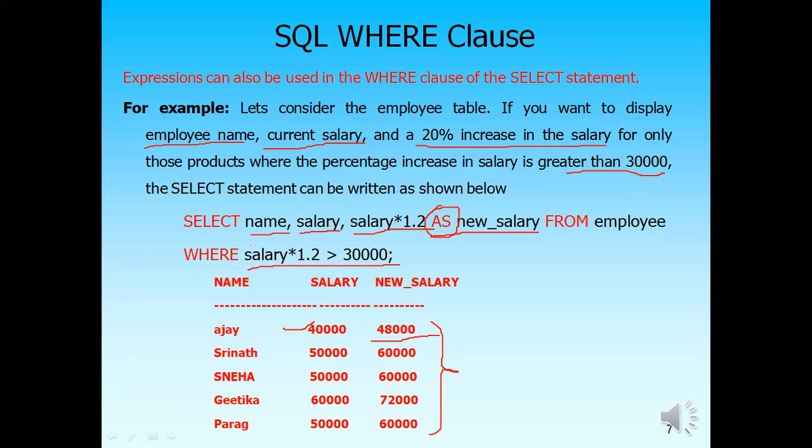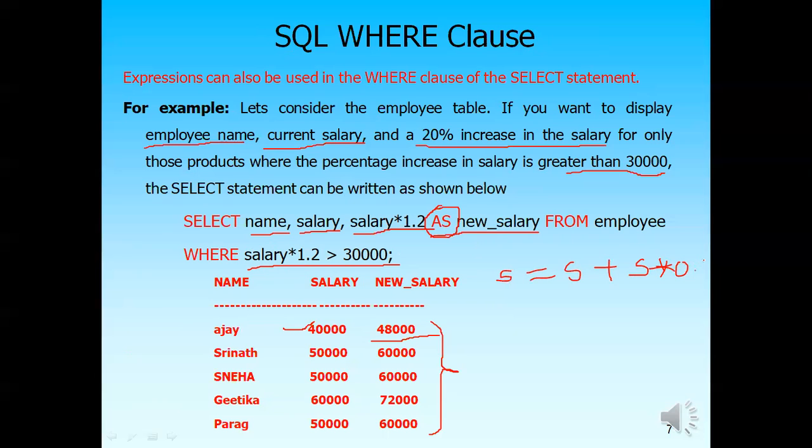So how you calculate, I hope you are clear with this formula. The alternative solution of this formula is what? The alternative solution is salary is equal to salary plus salary into 0.2, right?